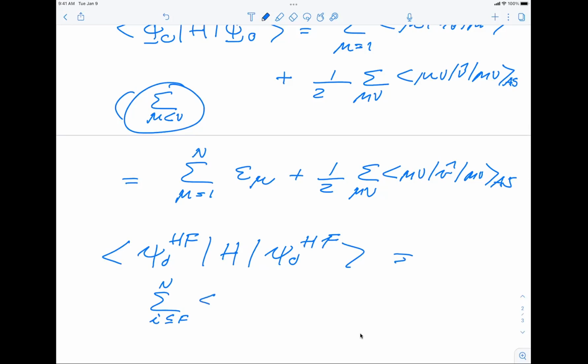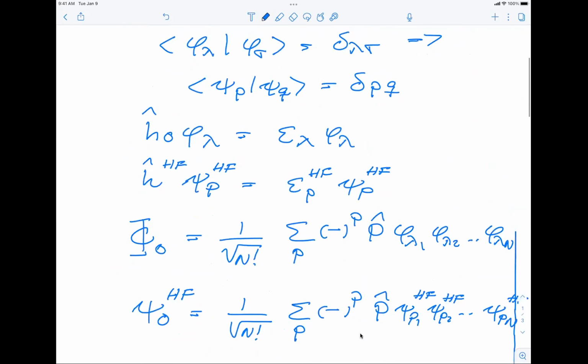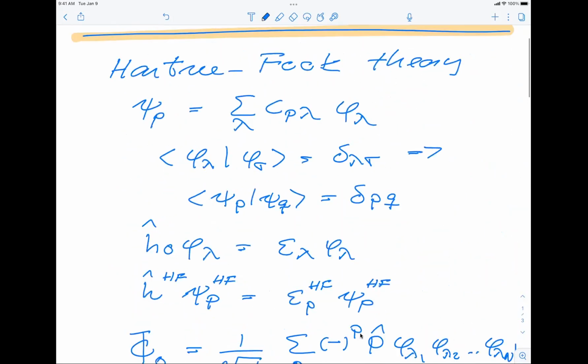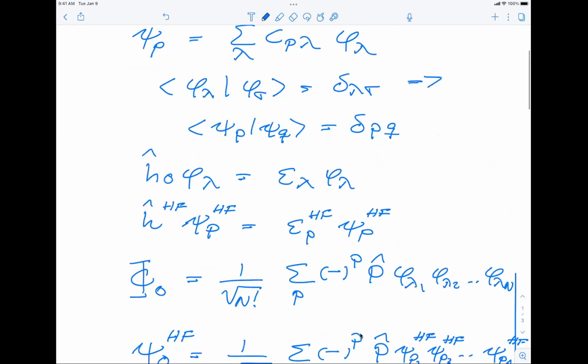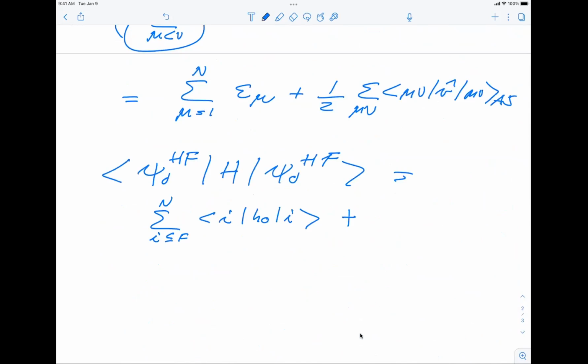And then I would have an I, and then I have my H0 of I. But now I have to be a little bit careful because this is not necessarily a basis of the Hamiltonian H Hartree-Fock. So then I need to leave it as it stands. And then I would have a new term where I have a sum over ij multiplied with a factor of a half. And then I have an ij, v, ij anti-symmetrized.